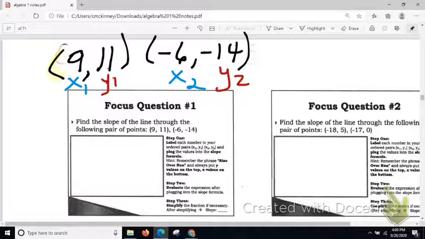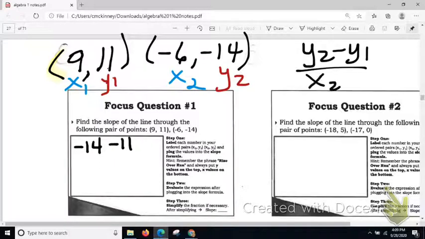So now I'm going to take that second y, subtract the first y. The y's get subtracted on the top. Remember the formula from your page. And m is typically used to represent slope, I think because of a Latin word. And then in the bottom are x's.